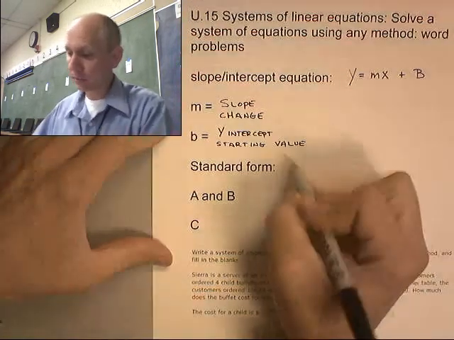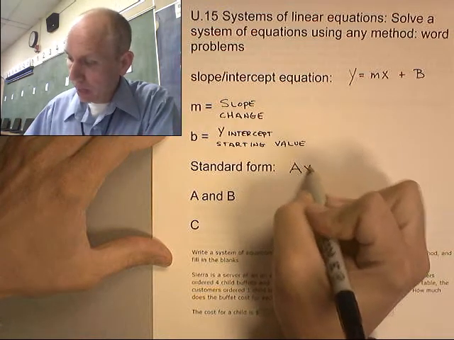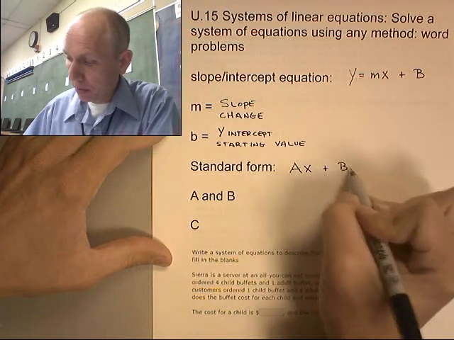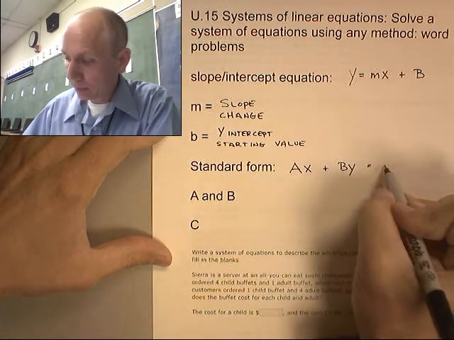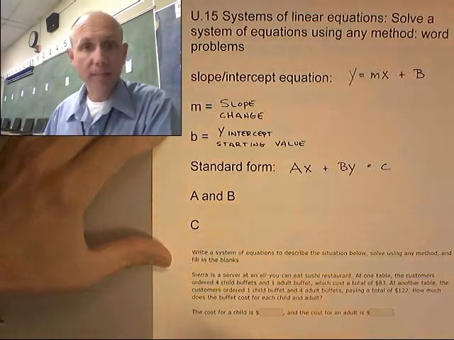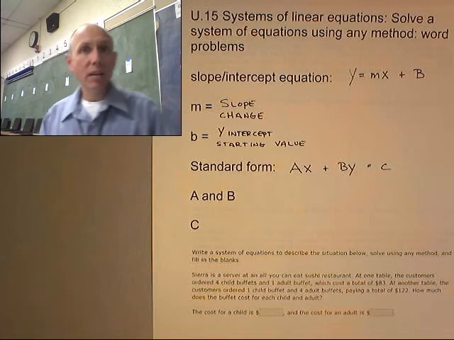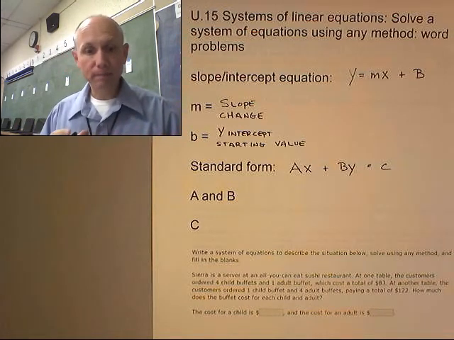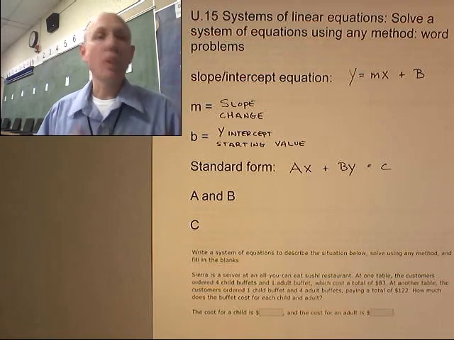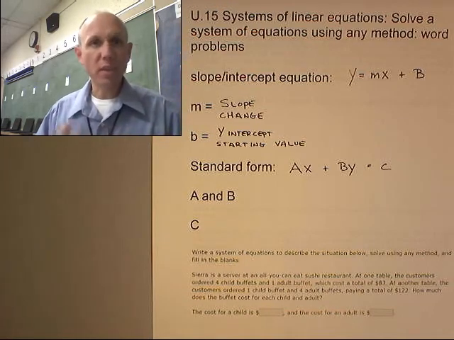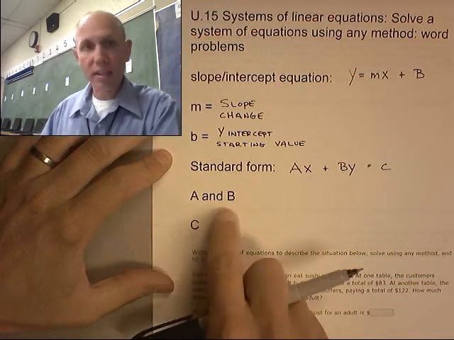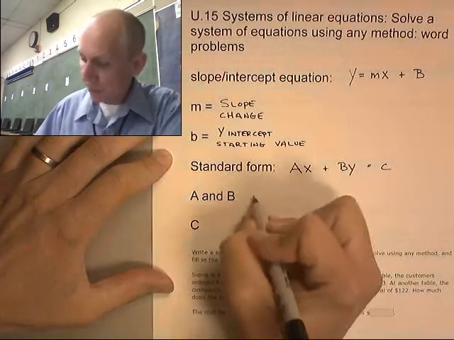Let's look at standard form. AX plus BY equals C. Well, A and B represent the cost or the weight or something of items. They represent kind of individual items.